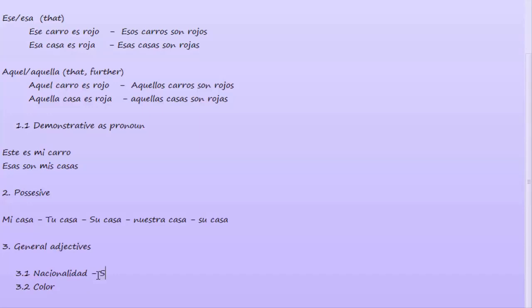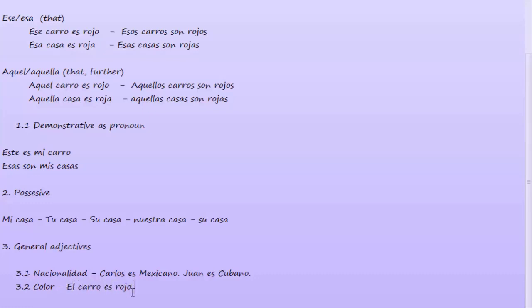Some examples would be Carlos es mexicano. Carlos is Mexican. Juan es cubano. For talking about color, we could use more or less the same structure and say just el carro es rojo.